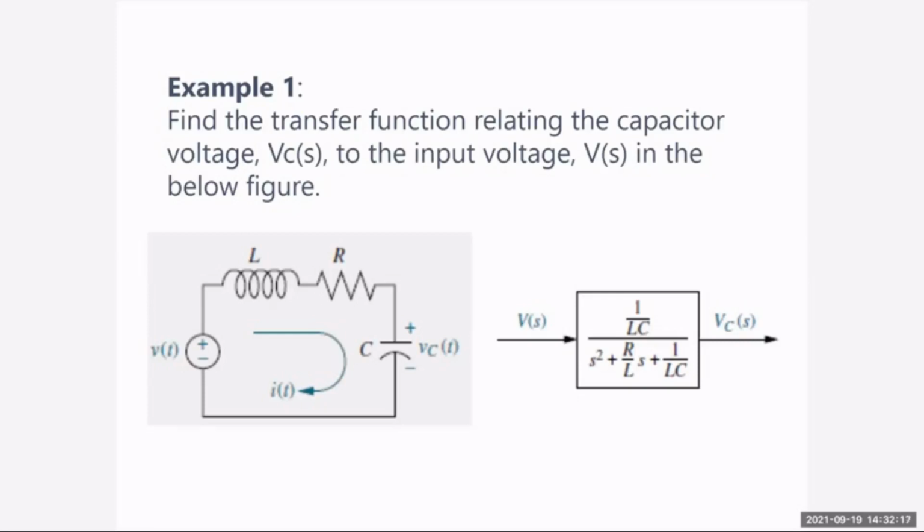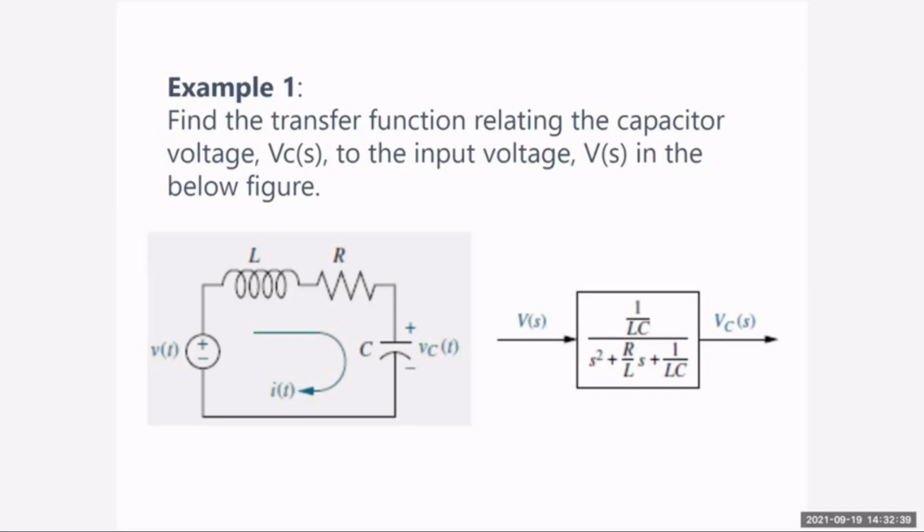Let us start with L di(t)/dt: convert i(t) into dq(t)/dt, so you will have L multiplied by d squared q(t)/dt squared.